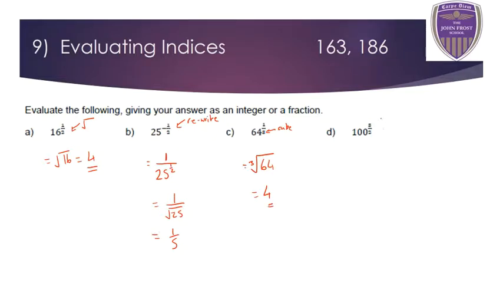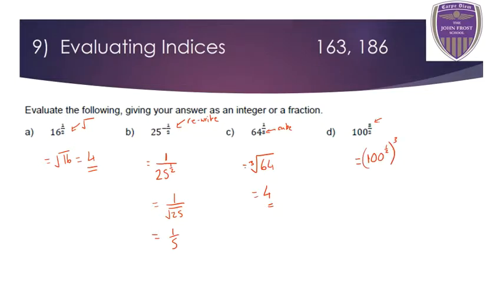And this one here, it's got a non-unit numerator, so 100 to the power of 3 over 2. So on this one, I'm going to bring that power outside. So it's the same as writing 100 to the power of a half and then cubed.